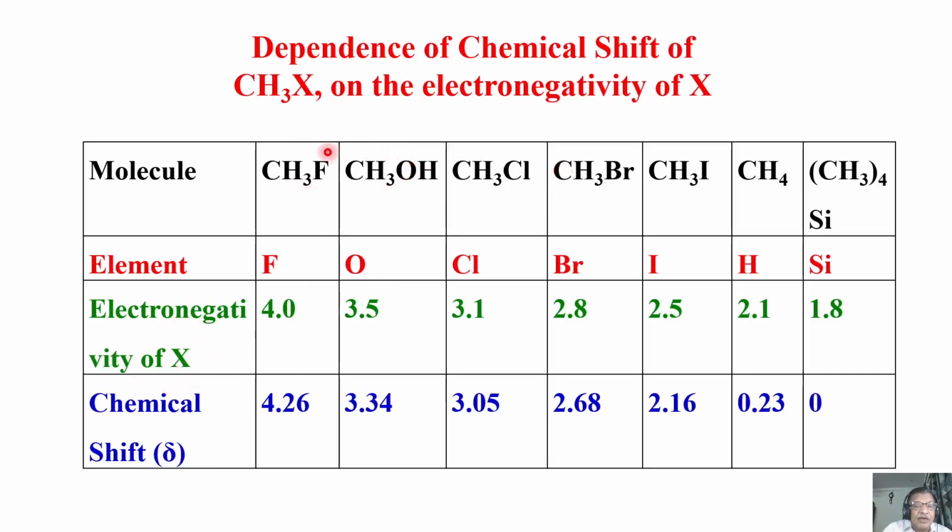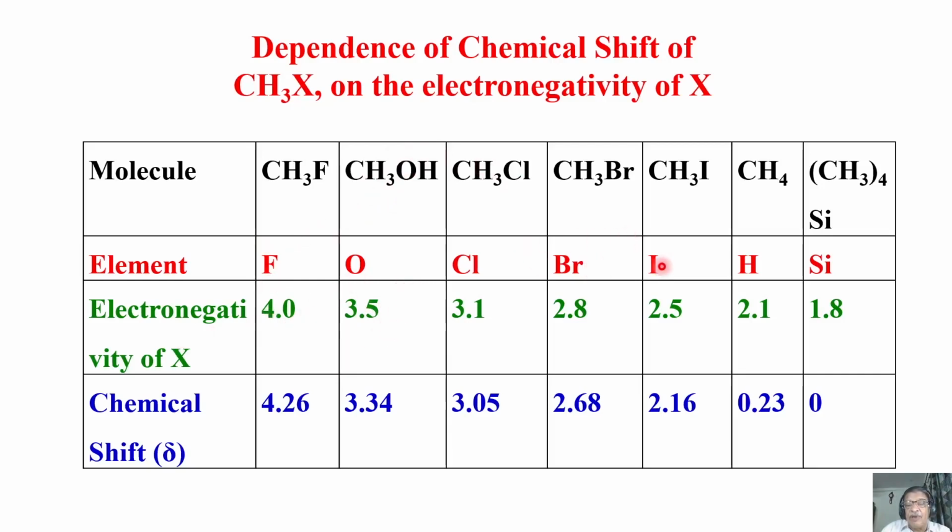X here is fluorine, which has an electronegativity of 4 in the Pauling scale. We all know that. Now instead of F, if I put O, this changes from 4 to 3.5.